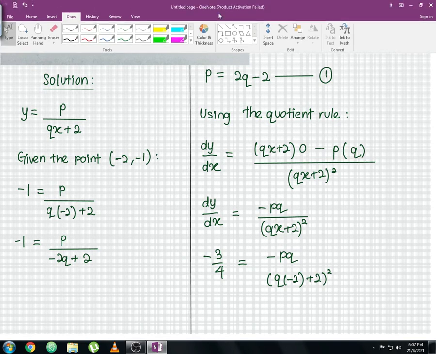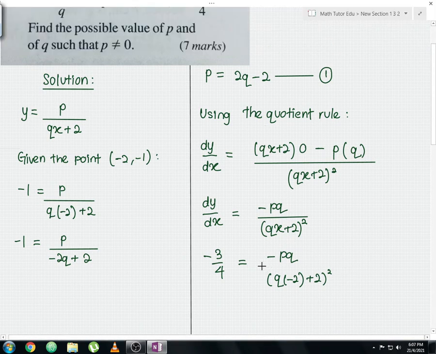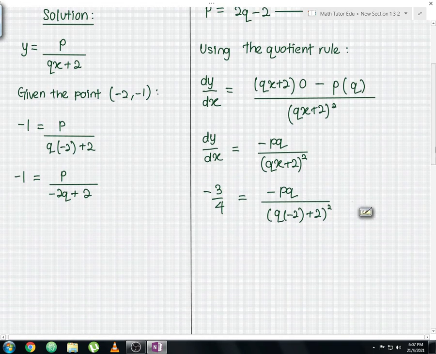Let me underline the fraction. So from here you should get negative 3 over 4 is equal to negative pq over negative 2q plus 2 squared. Let me underline the fraction.